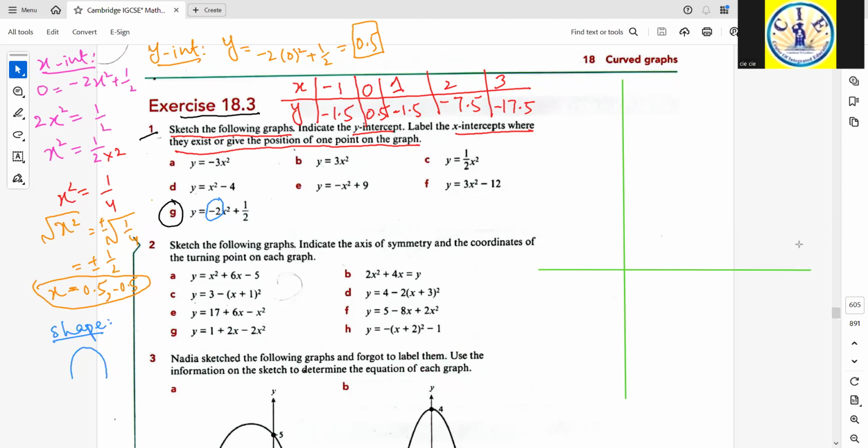Now you see, I need to accommodate all these values of x and y. For x, I need to accommodate the values from -1 till 3. So I can take this much distance along the x-axis. So 1 here, 2 here, and then 3 here.